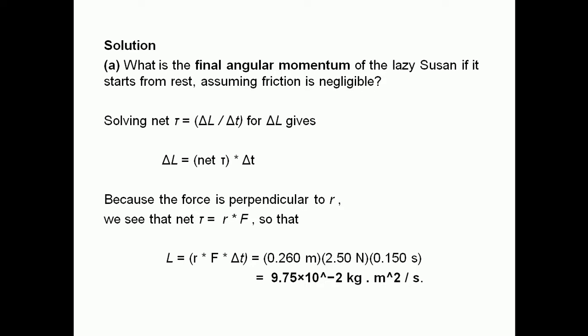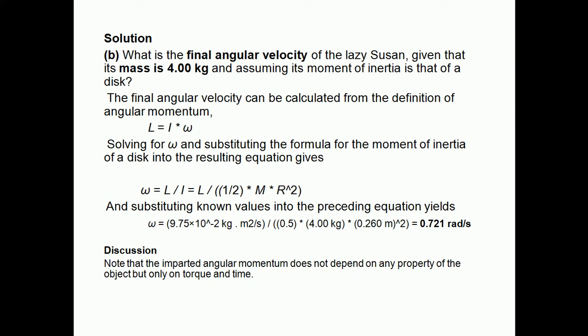So this is the answer for the first question: what is the angular momentum at the time when 0.15 second finished. And then in the next question we see what is the final angular velocity. Once we calculate the angular momentum, now we are trying to find out the angular velocity of this tray, given that the mass of the tray is 4 kg.